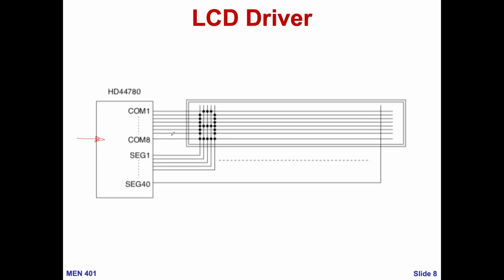The driver will know what the pixels are for this letter, and it has 8 and 40 segments. The intersection will create these pixels. So it's really complicated to work with the LCD per se. However, it will be easier for us to work with the driver, and this is what we will do.